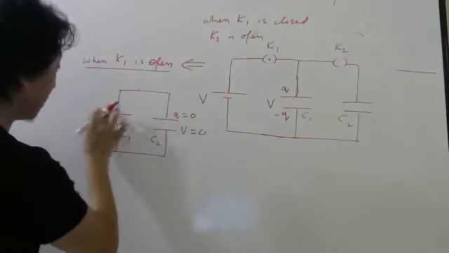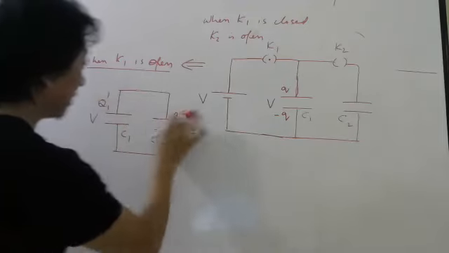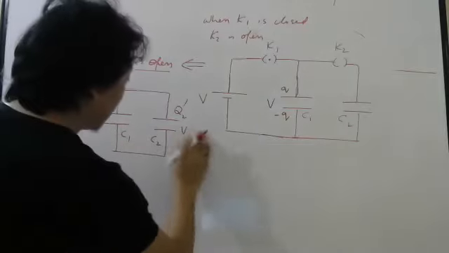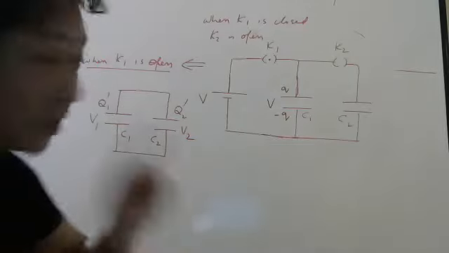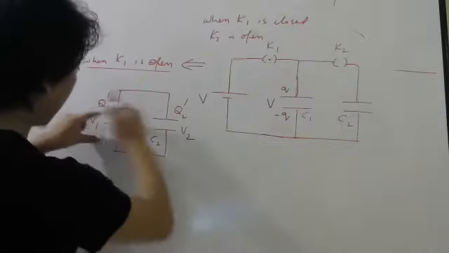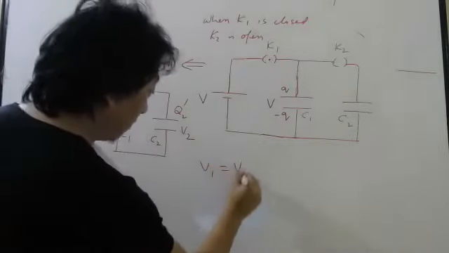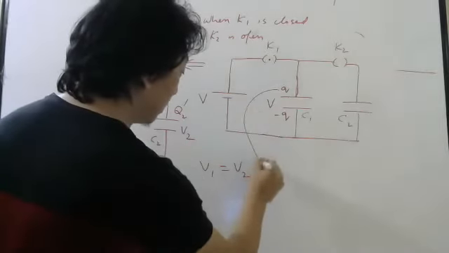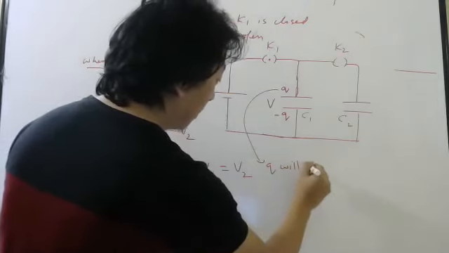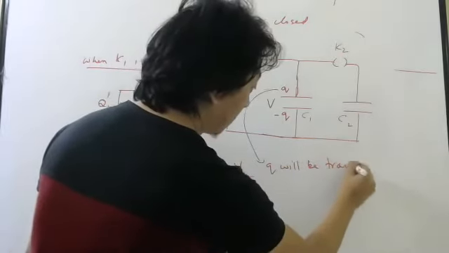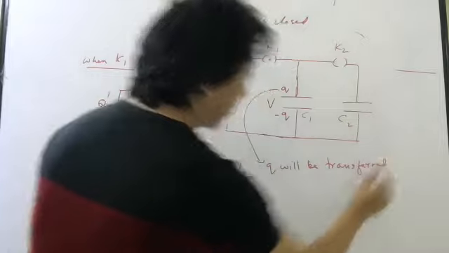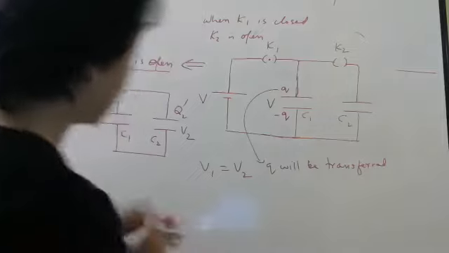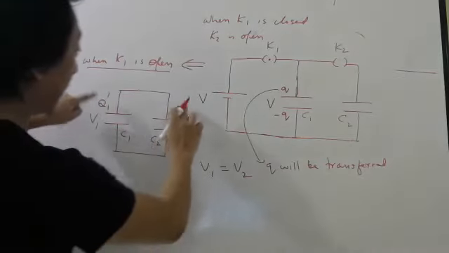According to the question, this has charge Q1 dash, this has charge Q2 dash, and this has voltage V1, this has voltage V2. This is what they told in the question. So now you know in parallel what should be same. V1 should be V2. Yes or no, students? And whatever charge was there, Q, this Q will be shared, transferred from higher potential to lower potential, right? Can I say Q1 dash will be equal to Q2 dash?